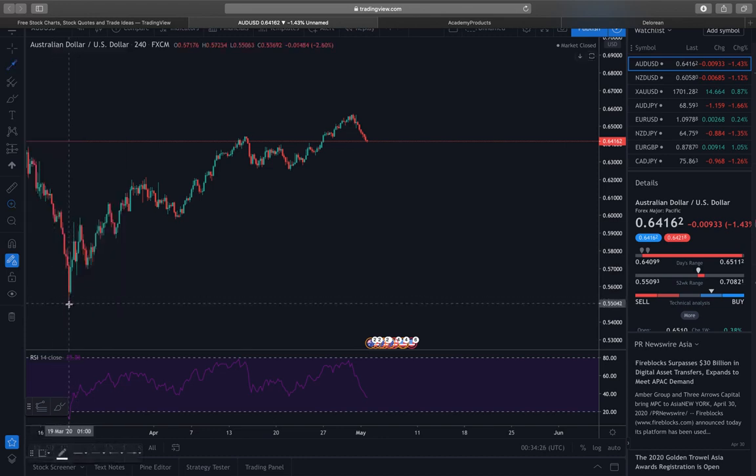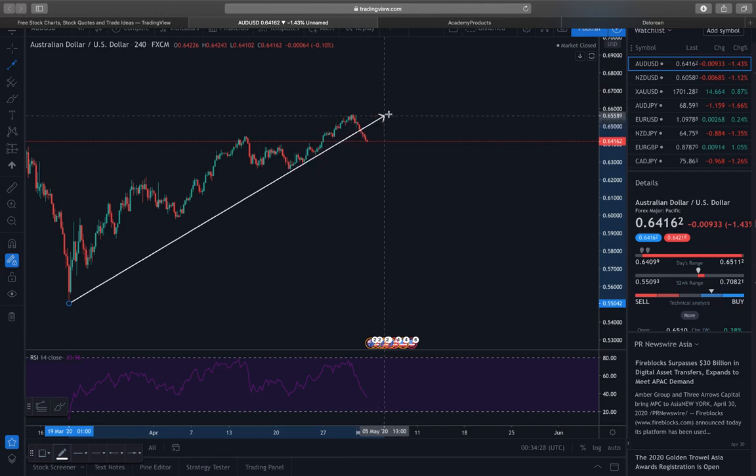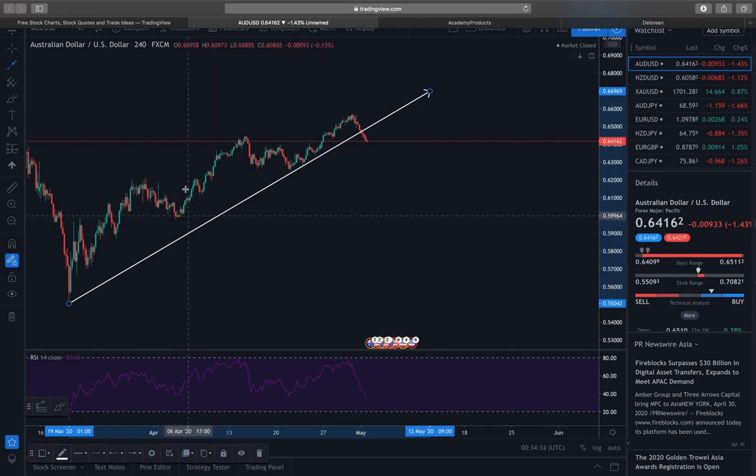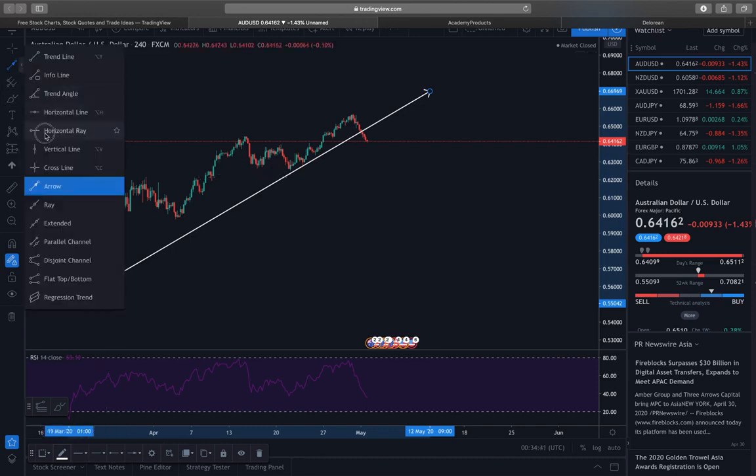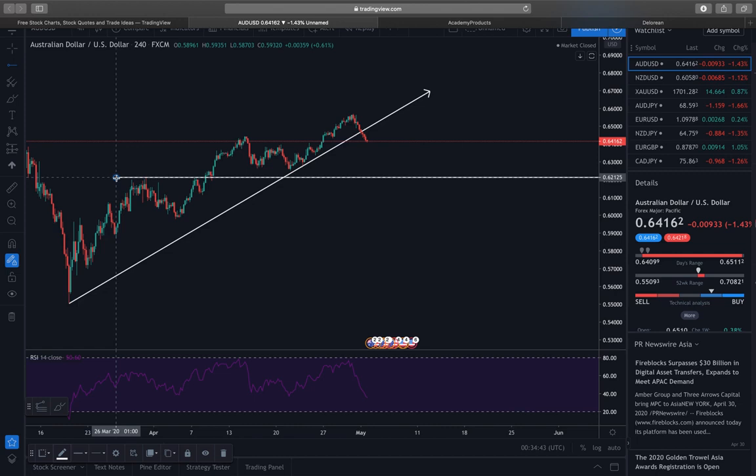Let's draw this trend line, and here's a level of resistance. Let's say the moment you broke out of that resistance, you wanted to buy it on a retest. So it retested right here and you wanted to buy it.